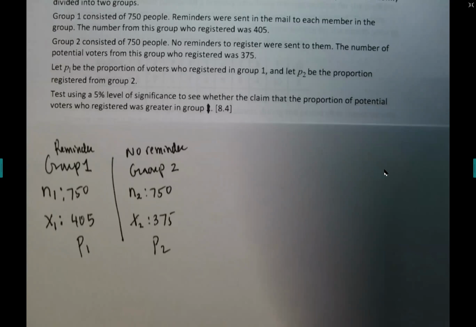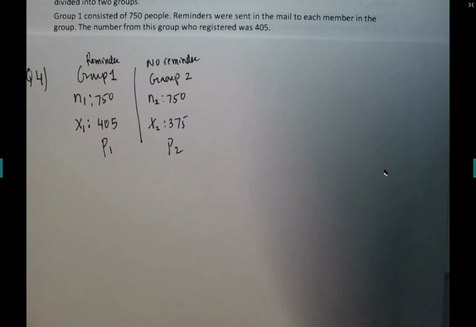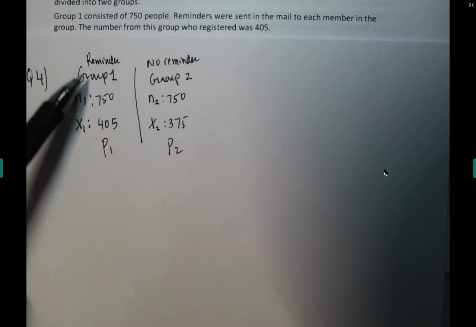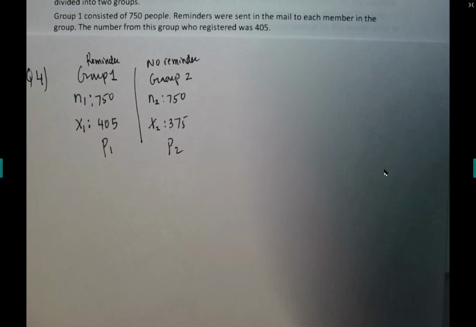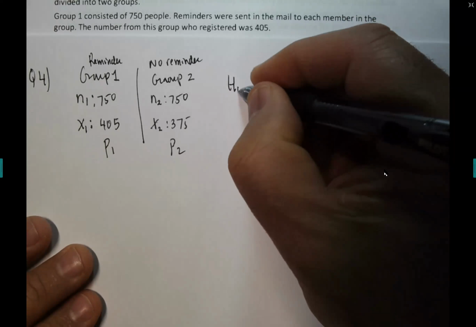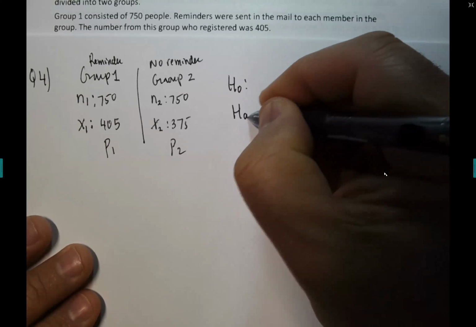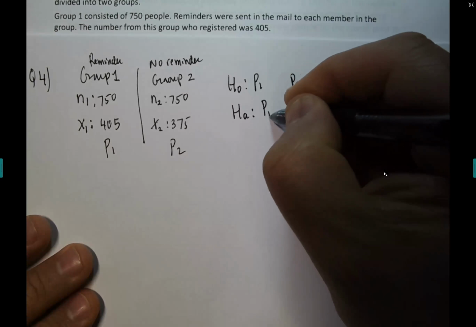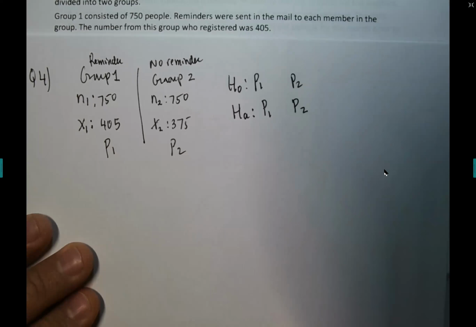Okay, can you guys tell me, we need to check if the proportion of people who voted was greater in group 1 than group 2. Can you guys help me state the null and the alternative hypothesis? So it's p1, it's a proportion, not a mean. There are no means here, no standard deviation.